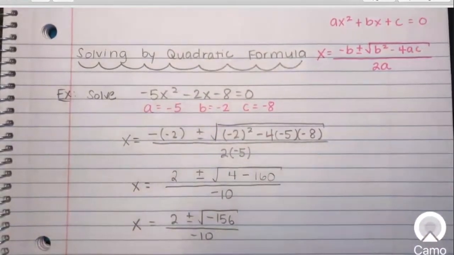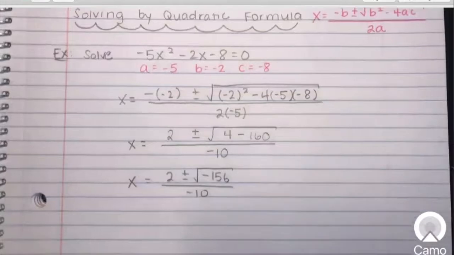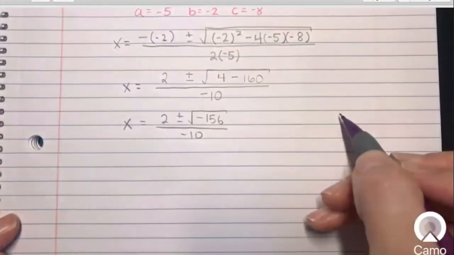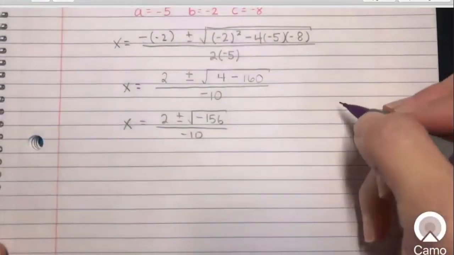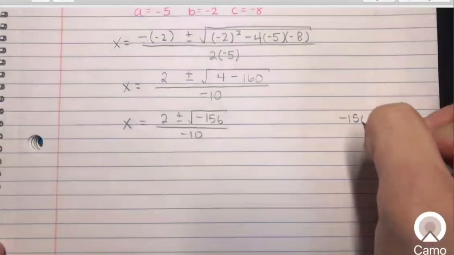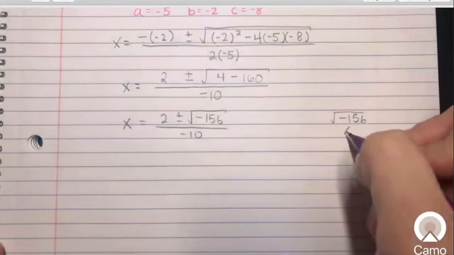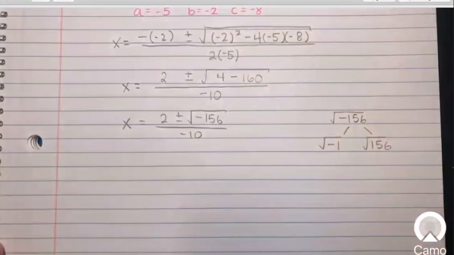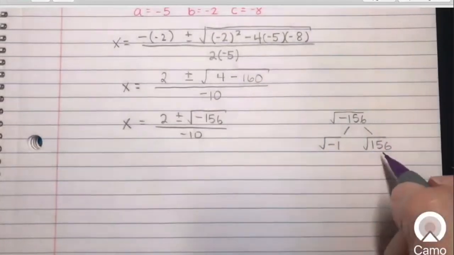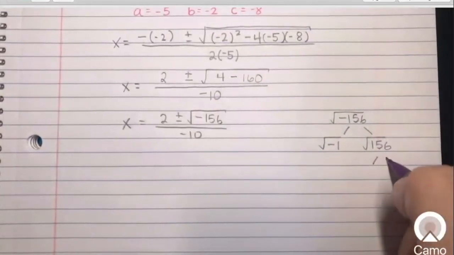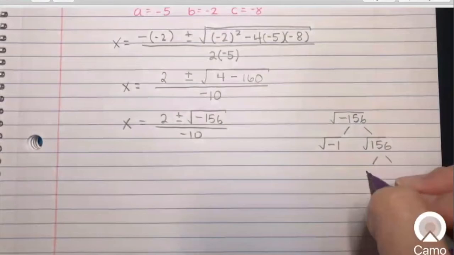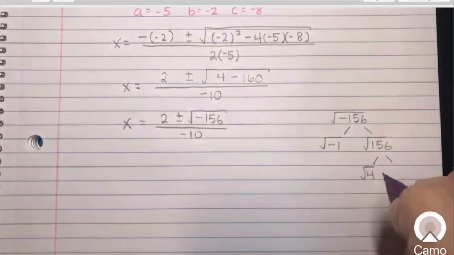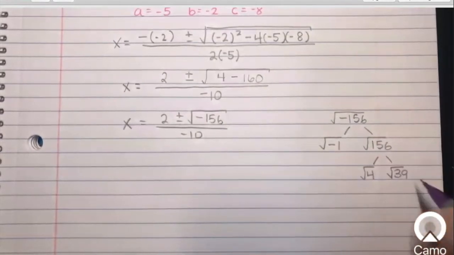And from here, we need to simplify our radical. I'm going to go ahead and do that off to the side because there's a lot going on over here already. So negative 156, we know we can split it, first of all, into negative 1 times 156. And from there, we want to pull out a perfect square. So 156 is 4 times 39.